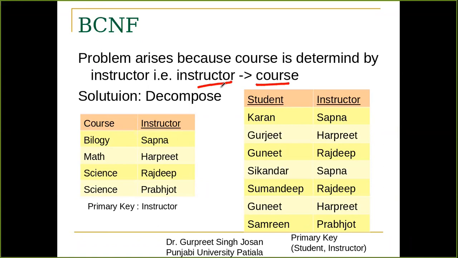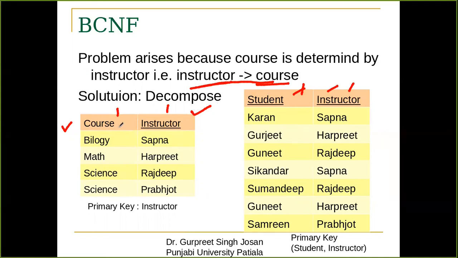So we have to decompose the table, separate this out into a new table, and whatever is left behind will be our second table. So we will break this down into two tables. One table consists of only two attributes, two columns, and the second table also contains two columns.